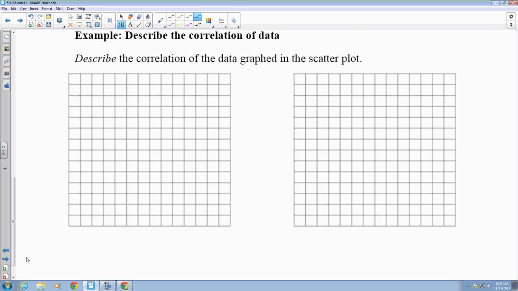So, I'm going to have two graphs down here. We have to figure out what kind of correlation they are. The first one is going to be a graph about the hours spent studying versus test scores.